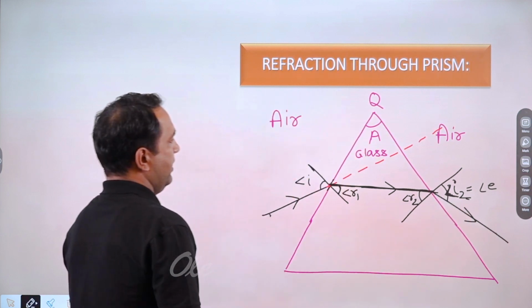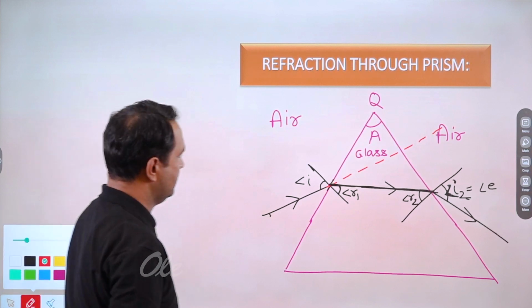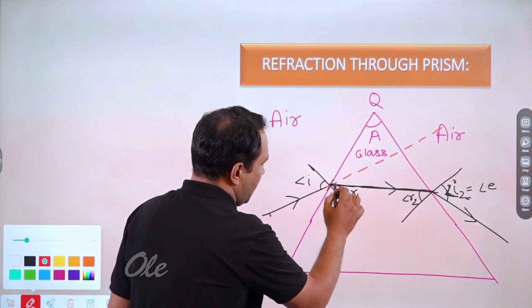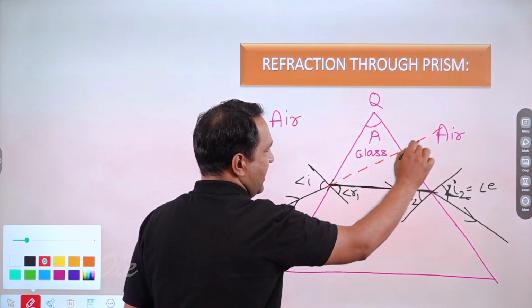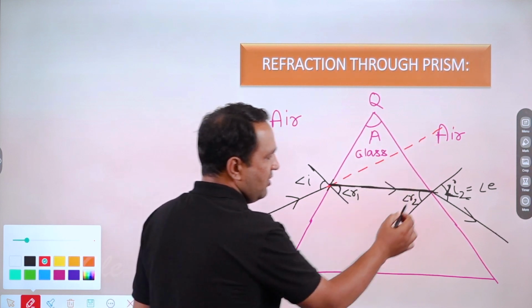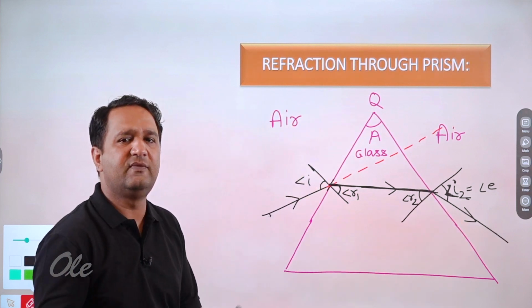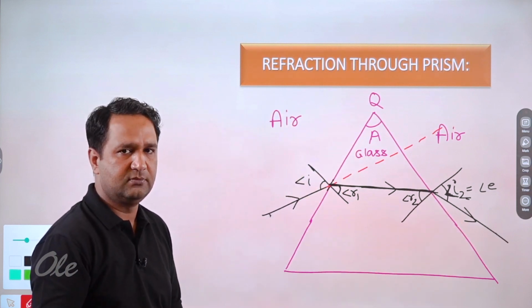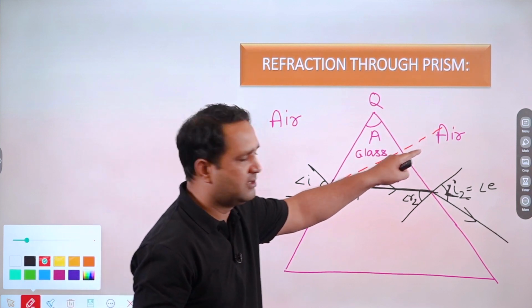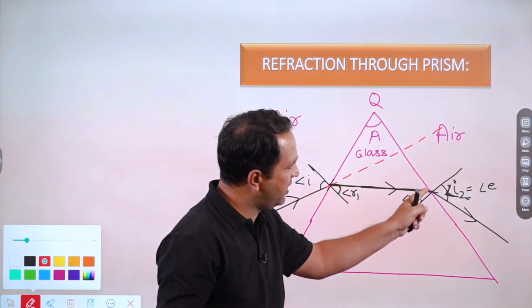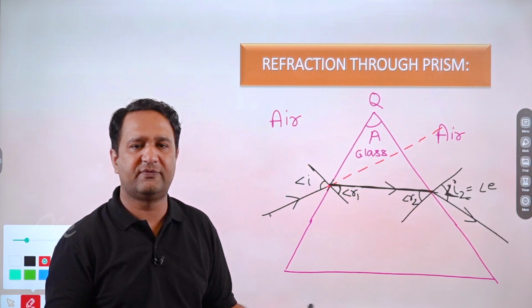Okay. So as you can see here, now it is very visible to you that this was the initial path of the light, but it is going on this path. Means the light has deviated a lot from its path. Light should go like this, but finally light is going like this. Means there is a lot of deviation in the path of the light.